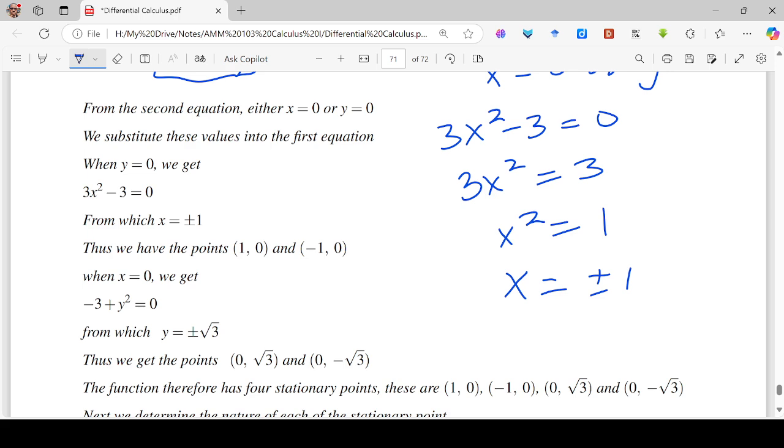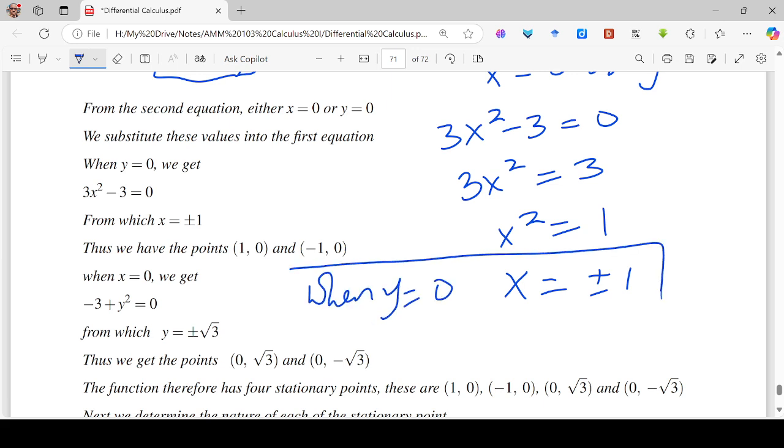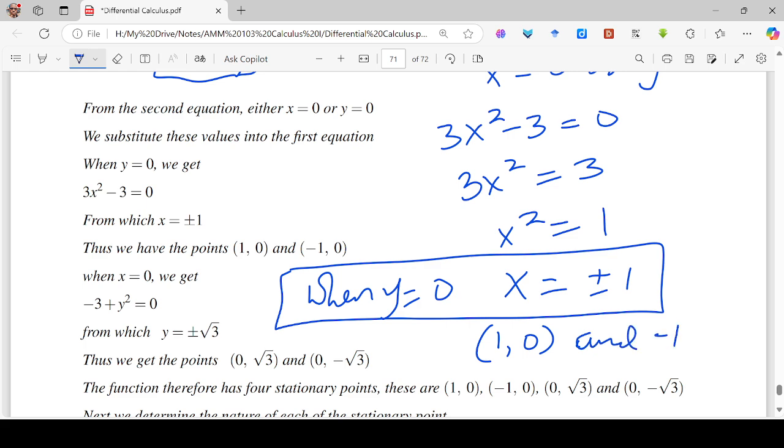So in this case, when y is equal to 0, x takes the values of plus or minus 1, and this will give us the points (1, 0) and (-1, 0). So when y is 0, there are two stationary points. And then we consider now the case when x is 0.